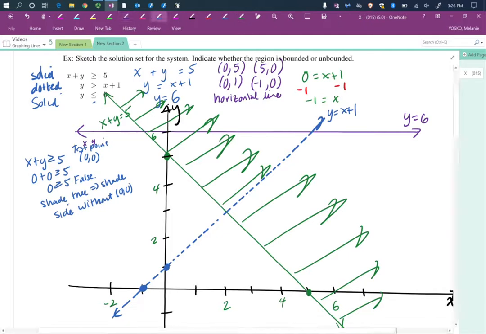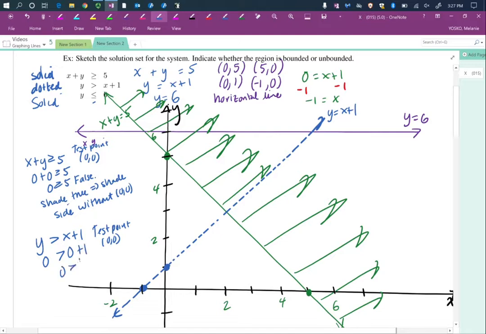Now we test the next line. The next line is y is greater than x plus 1. So let's check that one out. Here's y equals x plus 1. Notice 0, 0 is not on that line. So I'm going to use the same test point because it's easy. I'm going to use my test point of 0, 0, which means x is 0, y is 0. So I'm going to replace y with 0 and x with 0.